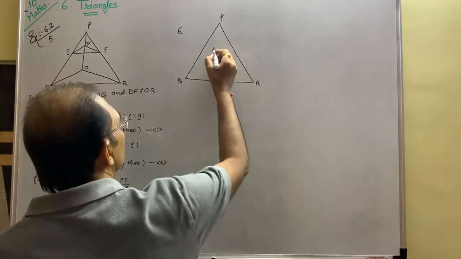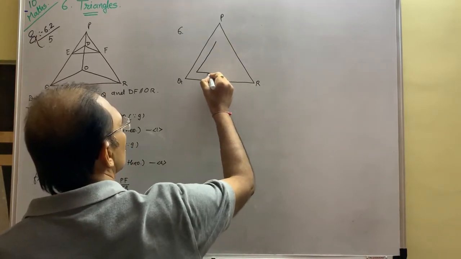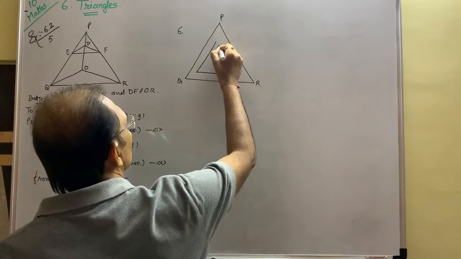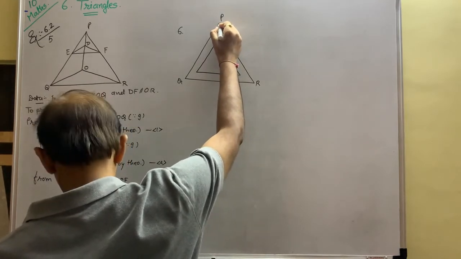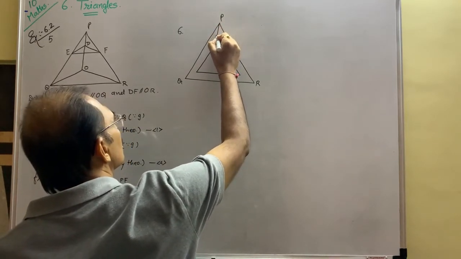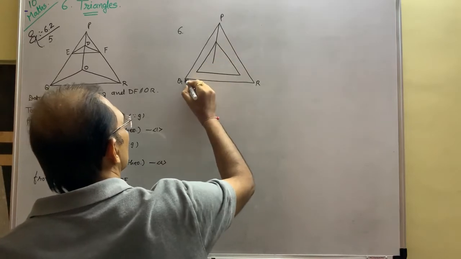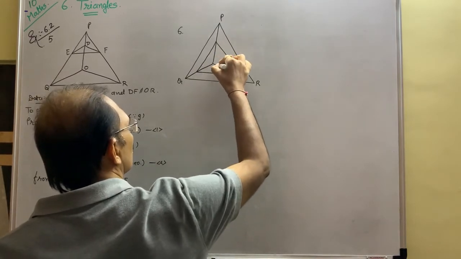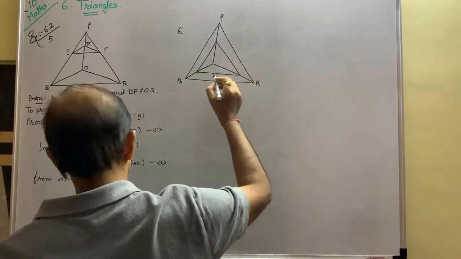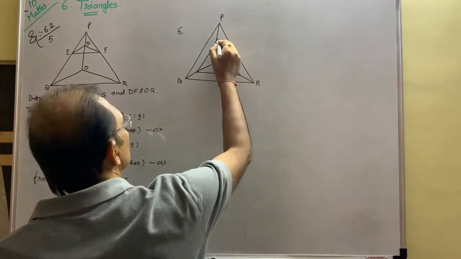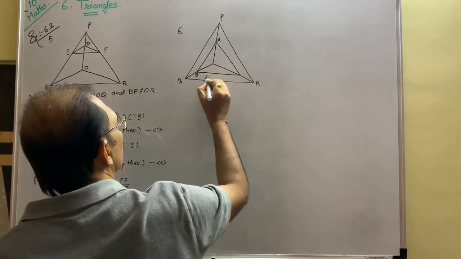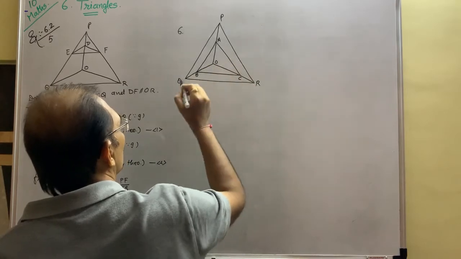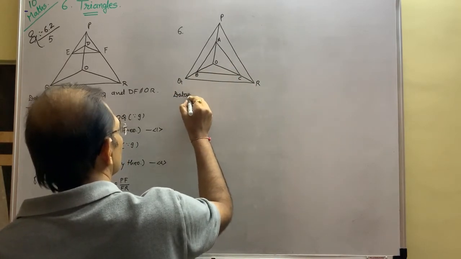Another triangle ABC is there, and this is A, B, C, O. What is the data?